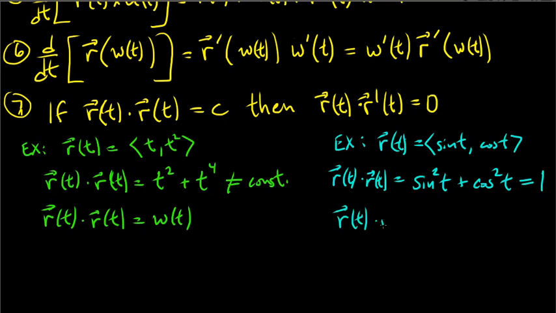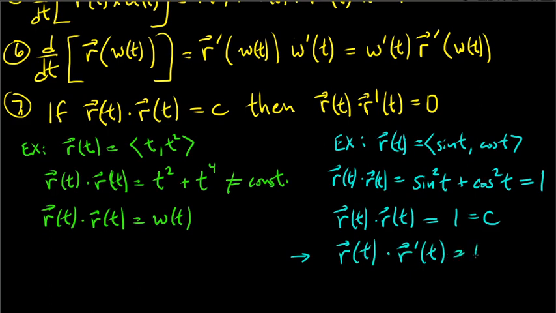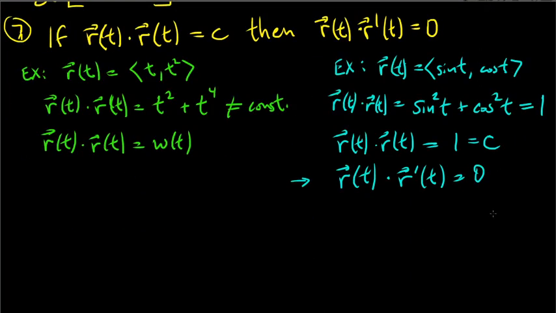So here, the dot product of R with itself is a constant. It is a number. It does not depend on t. So the conclusion is, if we took the dot product of R with its derivative, we would have to get 0. And in fact, I think we did that. Well, no, we didn't do this one, but let's do it. What is the derivative of R?